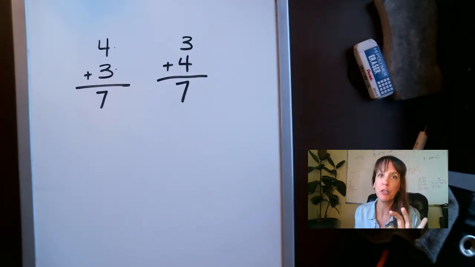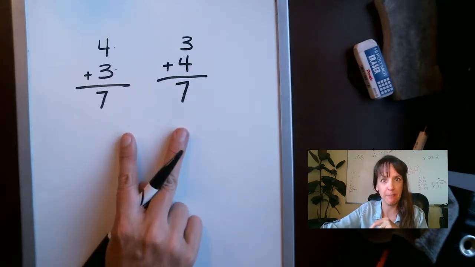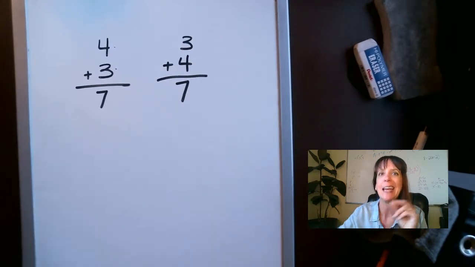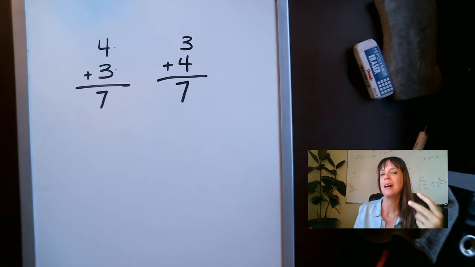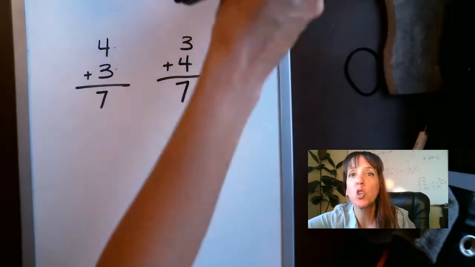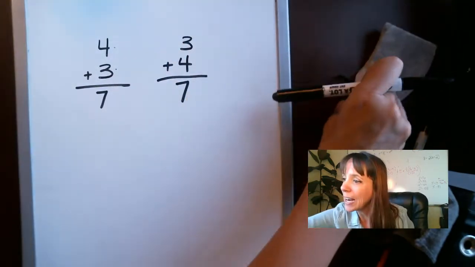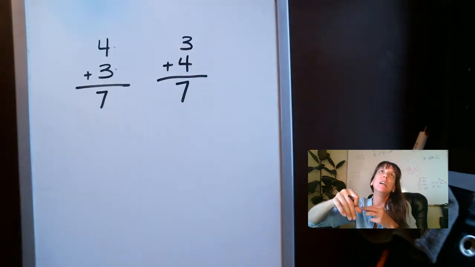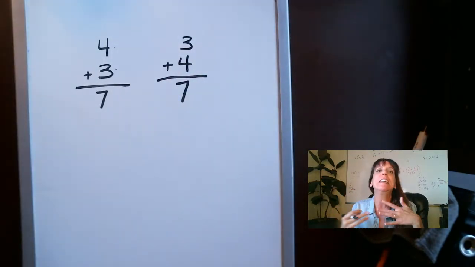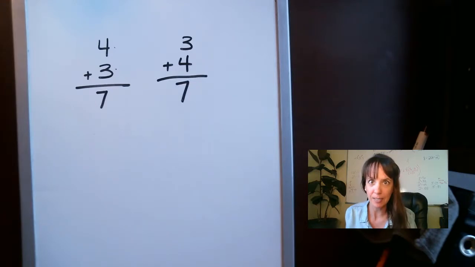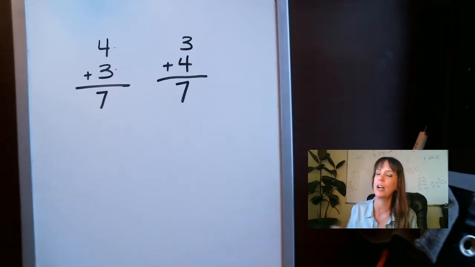Why that's relevant for you is that we have two addition facts here, okay? Now, with two addition facts comes two subtraction facts. The inverse operation, or the opposite, of addition is subtraction. So we've got two subtraction facts here.